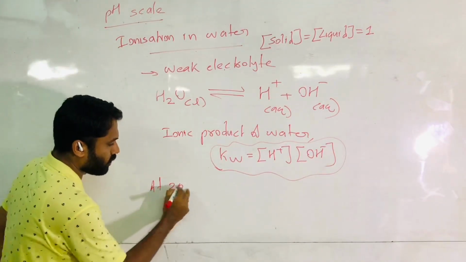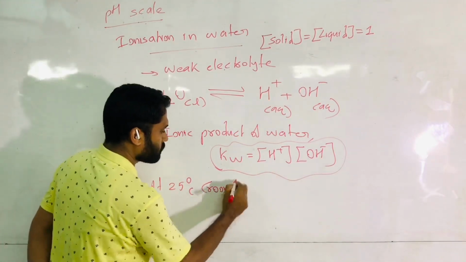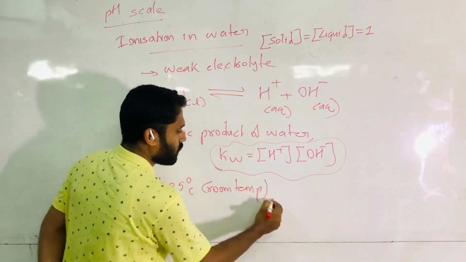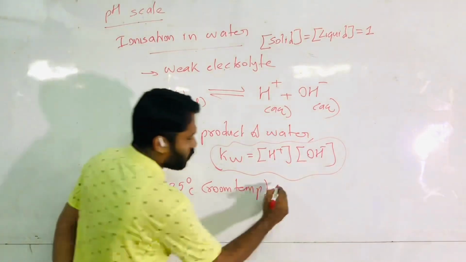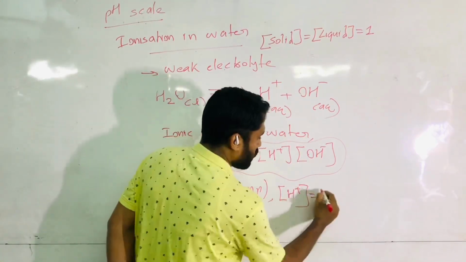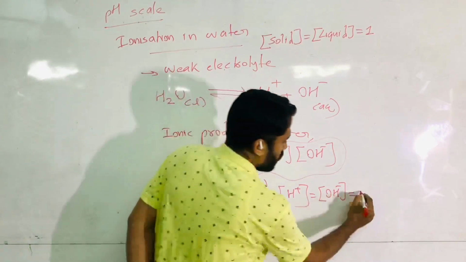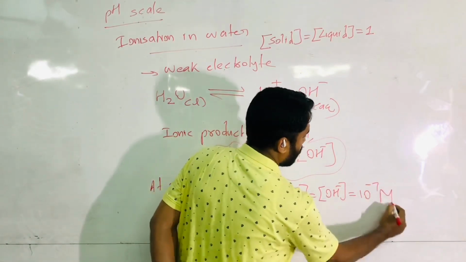At 25 degrees Celsius, that is room temperature, the experimentally determined concentration of H plus and concentration of OH minus in water are each 10 raised to minus 7 molar.